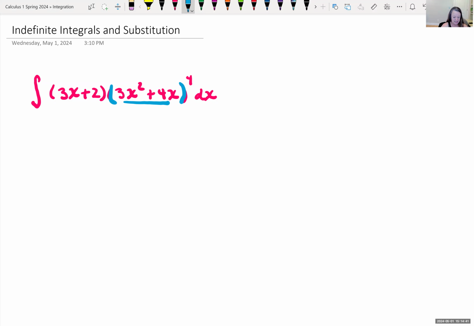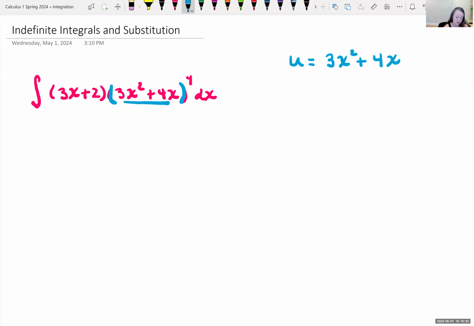So I'm looking inside the parentheses, and I think to myself, okay, let's choose u to be that for now. Sometimes you're going to choose u to be the wrong thing, and you'll find out that it doesn't work, and you'll have to go back and choose something different. But for now, I want u to be 3x squared plus 4x.